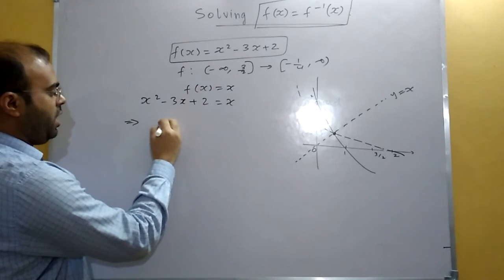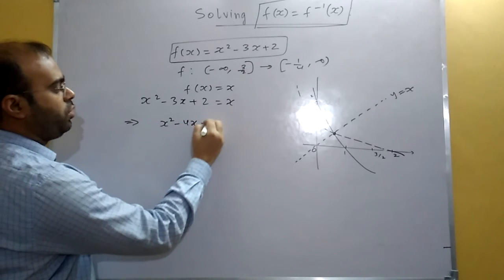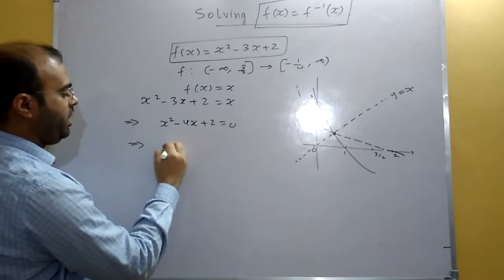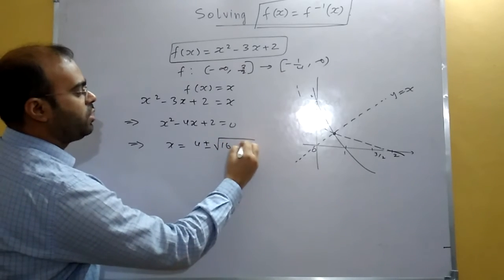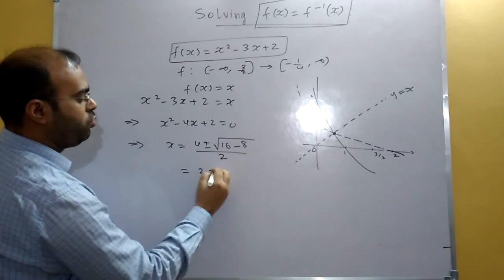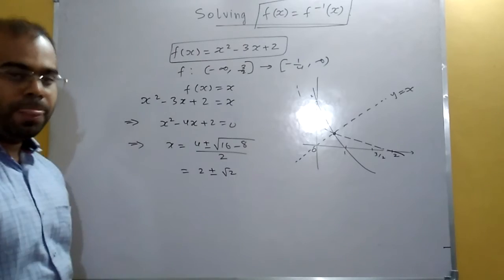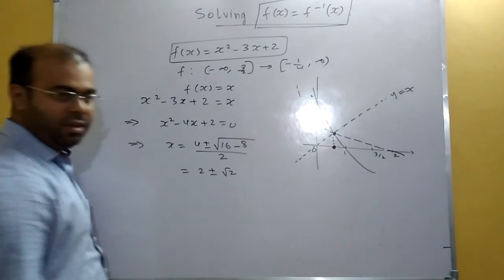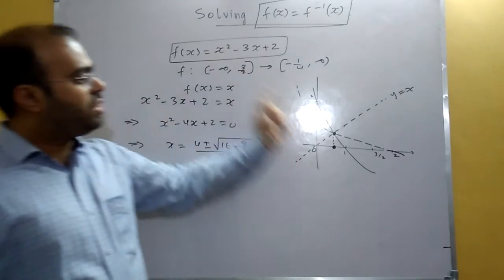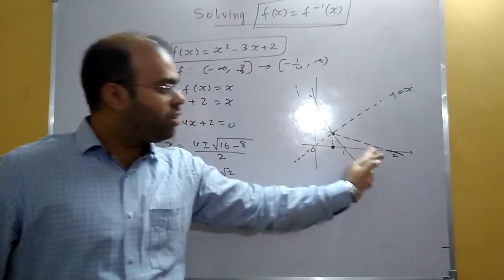This implies x square minus 4x plus 2 equal to 0. This implies x equals minus b plus minus root of b square minus 4ac over 2a, which is 2 plus minus root 2. Now the point we want is less than 1. We have taken the graph not after 3 by 2 but before it.